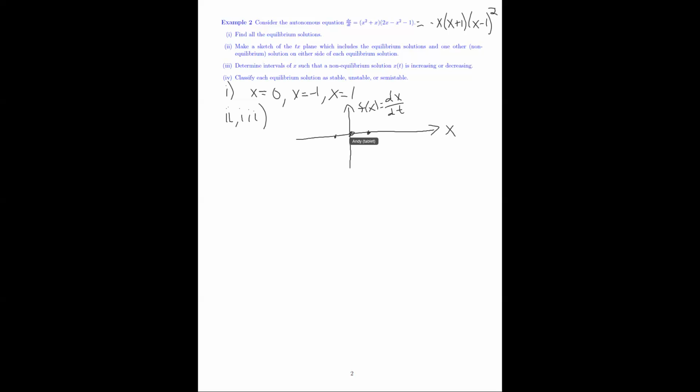And because our leading coefficient is negative, the end behavior should be pointing down here. And we have a double root at x equals 1. So our function should look like this. So we get that as our solution.